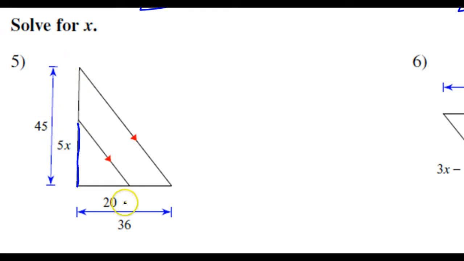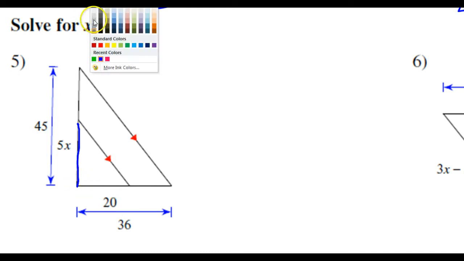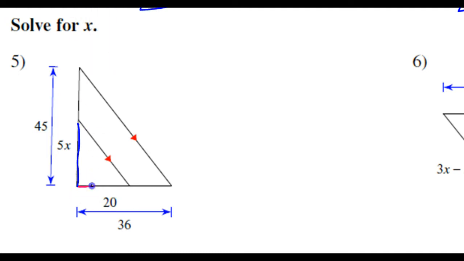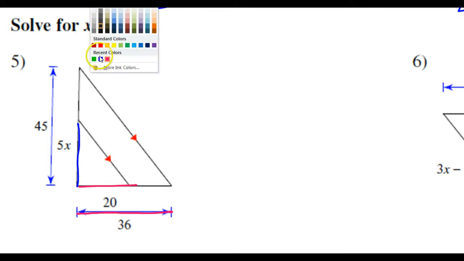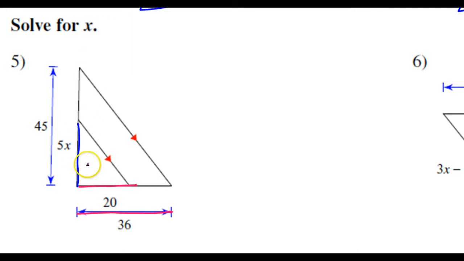This 20 is the side of the small triangle, and this 36 is the corresponding side of the large triangle. So we can just use our traditional corresponding sides of similar triangles to do this problem.